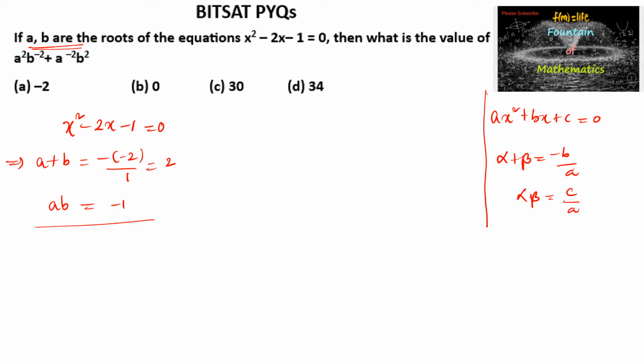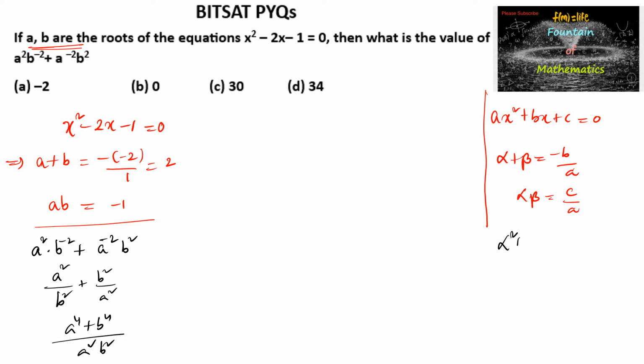And now we need to find a square into b to the power of minus 2 plus a to the power minus 2 into b square. That is a square by b square plus b square by a square, which is (a power 4 plus b power 4) divided by a square b square. And also here alpha square plus beta square is equal to (alpha plus beta) whole square minus 2 alpha beta, we can remember.